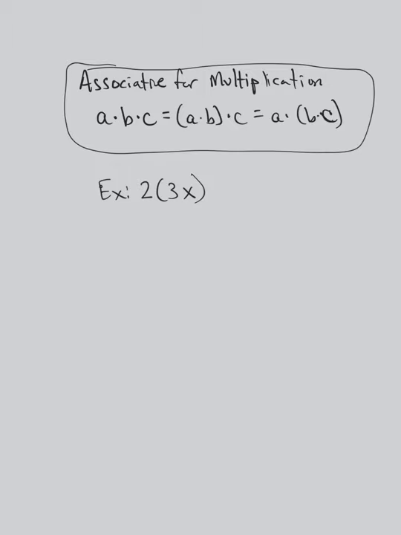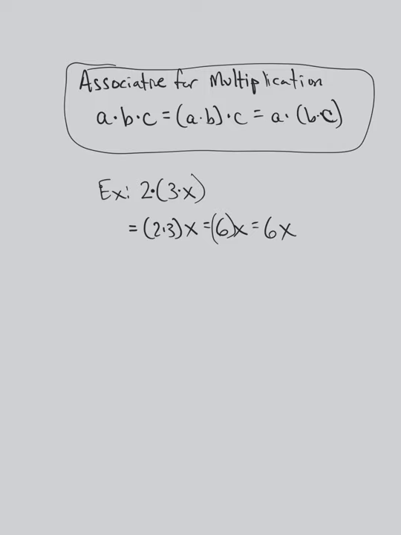Notice I haven't written any multiplies, and if it helps you, put them in there. There's 2 multiplies there, so I'm multiplying 3 things together. The associative property tells me that it doesn't matter what order I do that in, and so I could just as easily group that 2 and the 3 together like that, and I can do 2 times 3, that's 6x. As I have it written, I would probably have parentheses, but we usually drop them at the end.